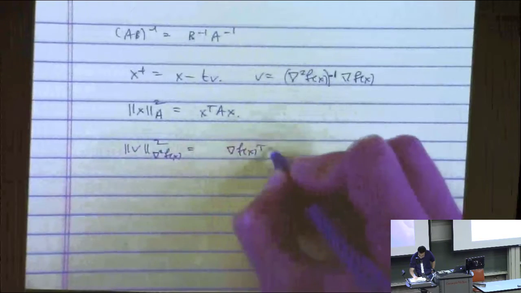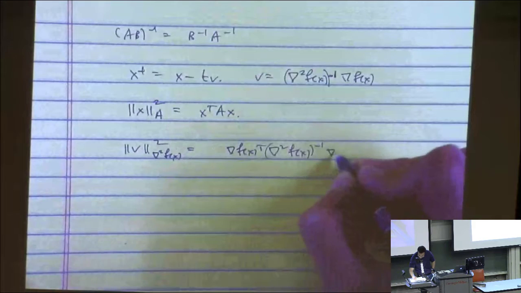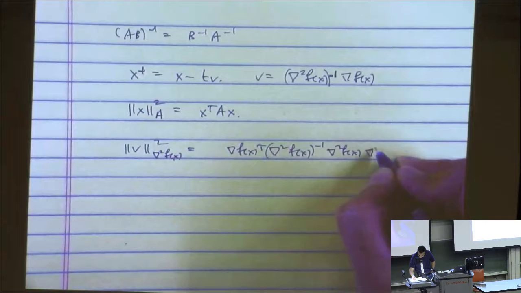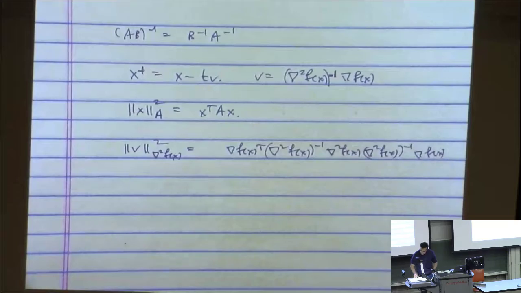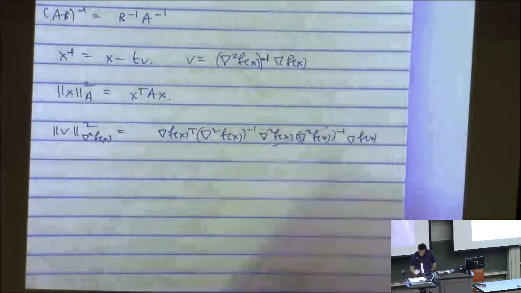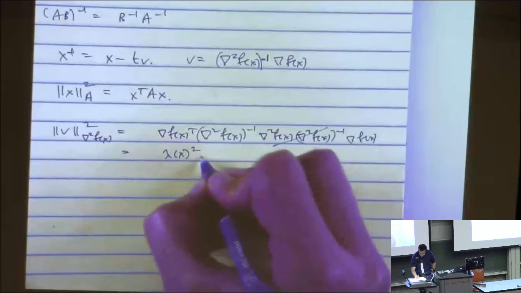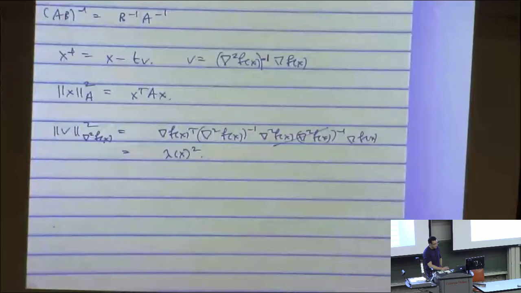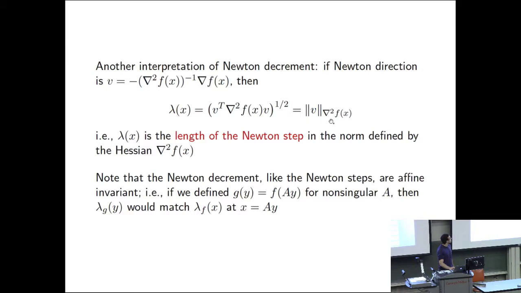That would be grad f of x transpose Hessian inverse Hessian Hessian inverse grad f of x. And just canceling this pair, this is exactly the square of the Newton decrement. So when this is getting small, our steps are getting small with respect to a particular measure of distance that is induced by the Hessian.